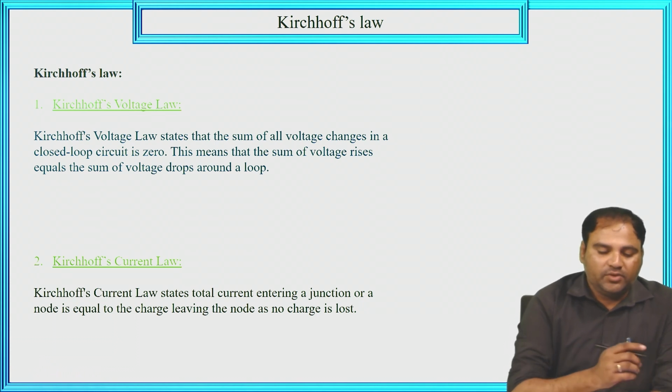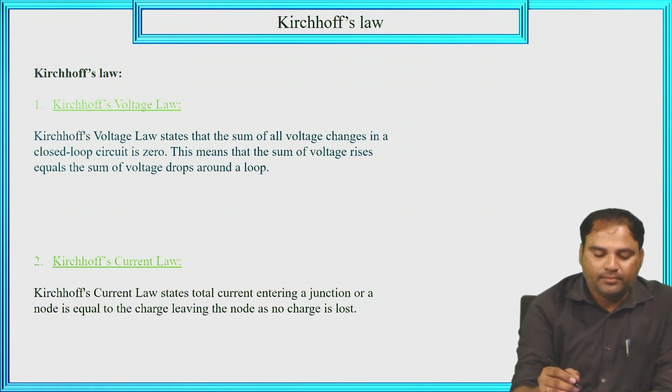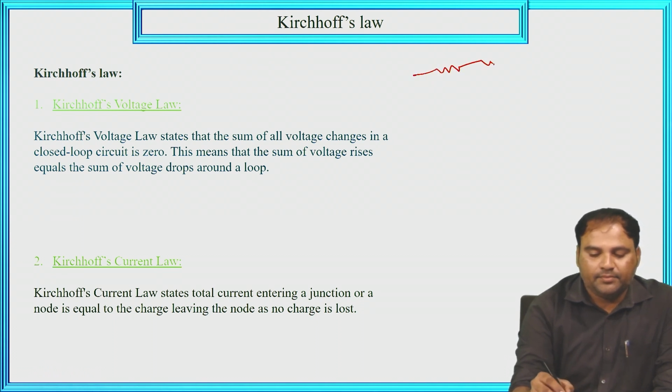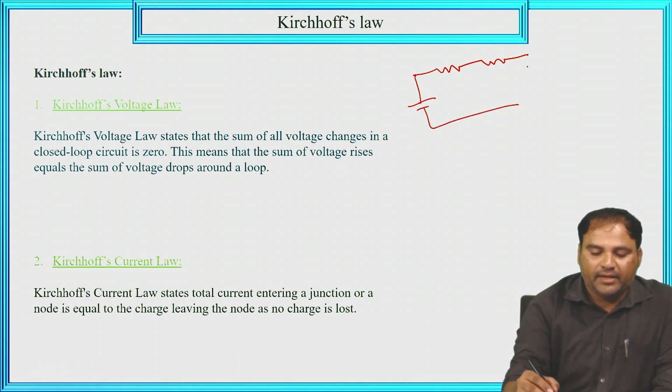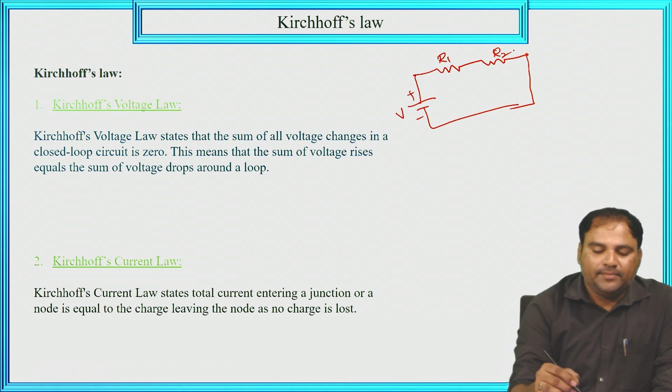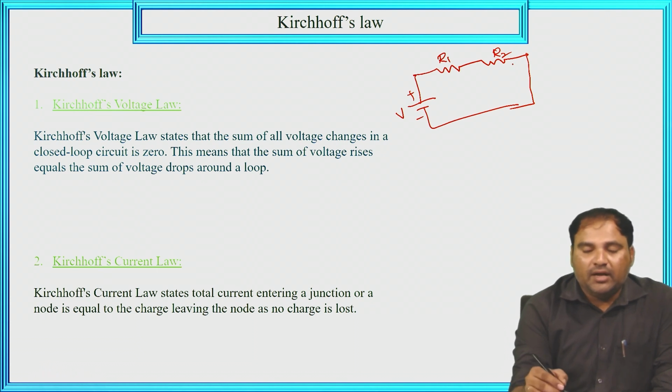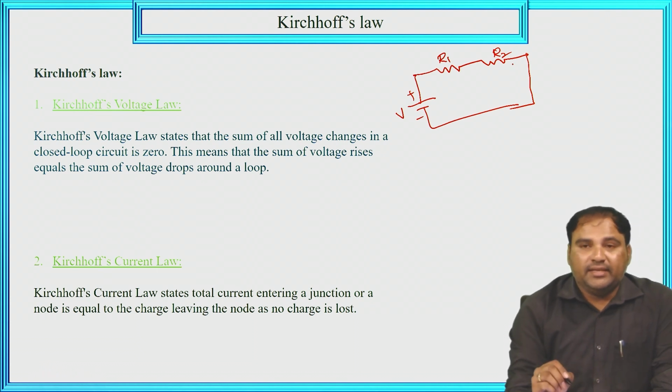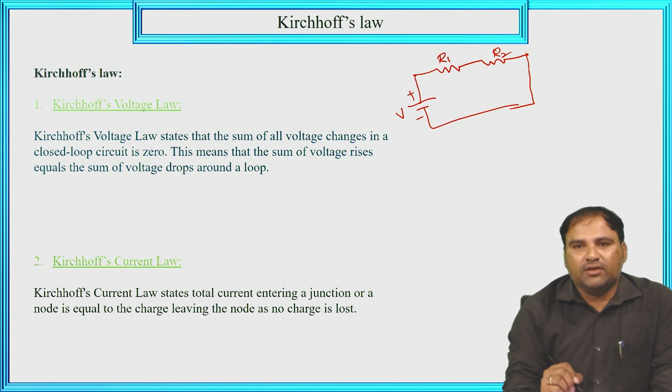For example, I am taking one circuit here. I am taking two resistors and a source, plus minus voltage V. This is the resistor R1 and this is the resistor R2. R1 and R2 are in series. In series, current is constant but we have different voltage drops.